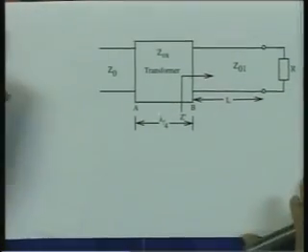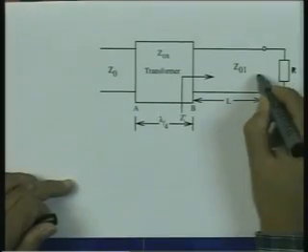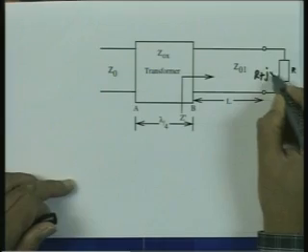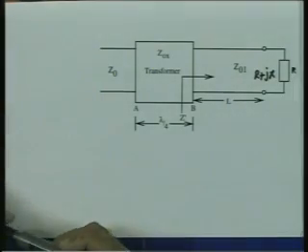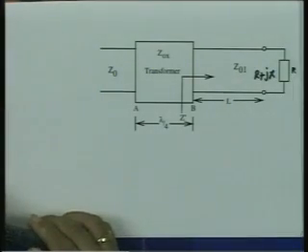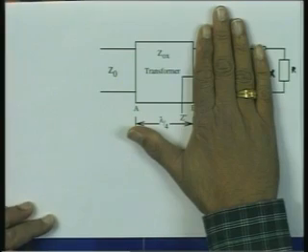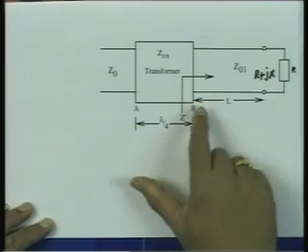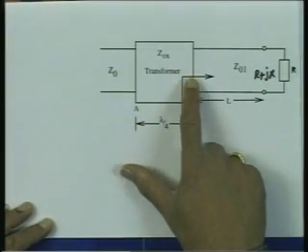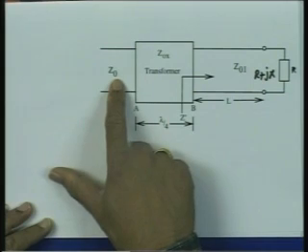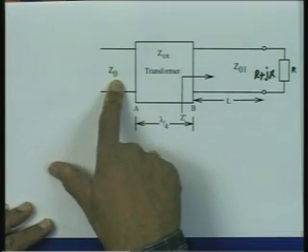So, it is possible to match a complex impedance R plus jX. So, this impedance is R plus jX. From here, the principle is exactly the same: if I get an impedance here which is real, then I can transform by using a quarter wave transformer the impedance to equal Z0.